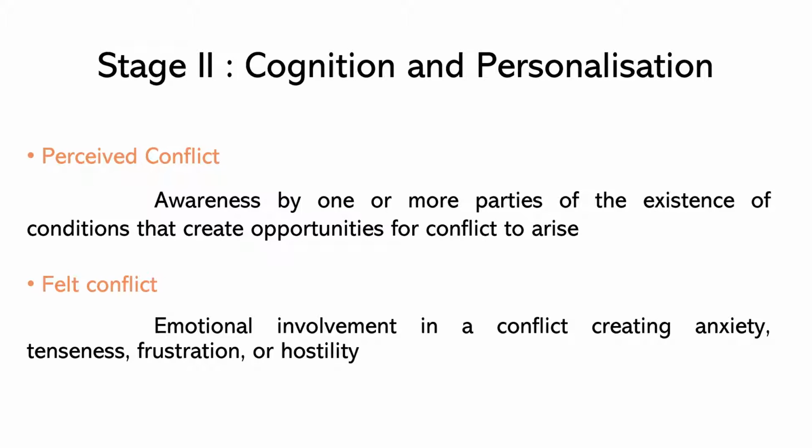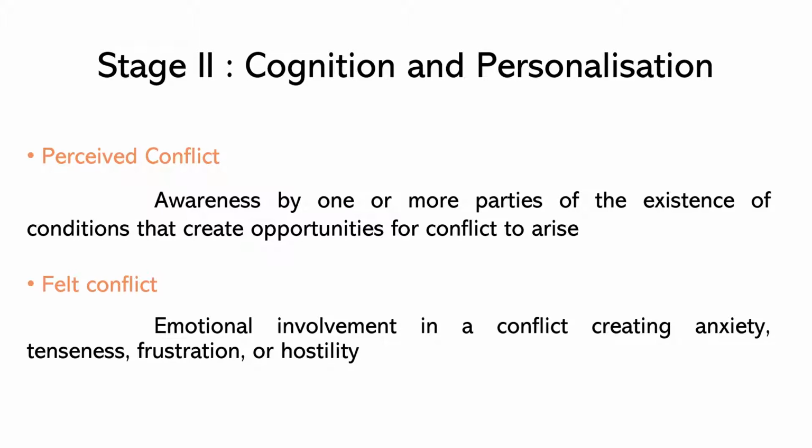So basically, in this stage, the parties who are involved in the conflict decide what the conflict is about, and emotions play a major role in this stage. How much you are being affected. So, first stage, situations. Second stage, the emotions that are being involved.